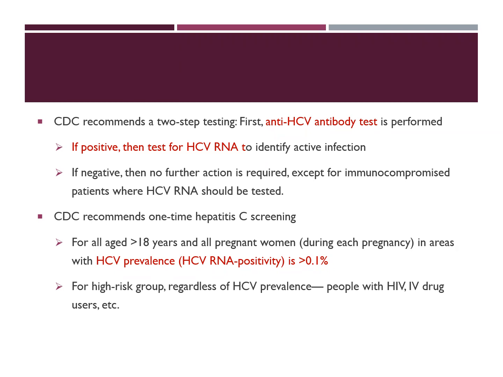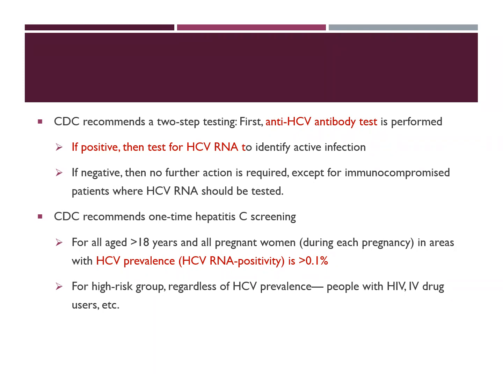If it is negative, then you don't have to go for any molecular testing, except if the person is immunocompromised. If the person is immunocompromised, there is a chance that the immune system is not working properly, so the person will not have antibodies against the HCV virus. If you go for the HCV antibody test, it will come negative. So there you have to go for the molecular test.